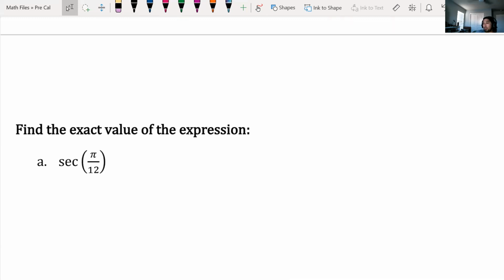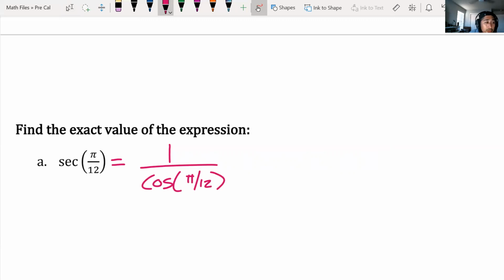Okay. Find the exact value of secant of pi over 12. Well, we don't have a sum or difference formula for secant, but we know that secant is the reciprocal function of what? Cosine. So this would become 1 over the cosine of pi over 12.